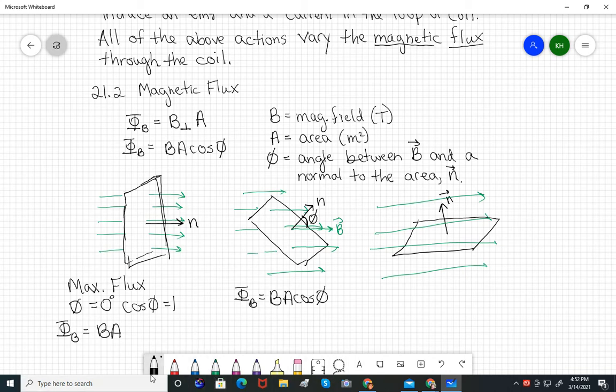In this case, phi is equal to 90 degrees because it makes a 90-degree angle with the magnetic field. Cosine 90 is 0, so the flux is 0. There won't be any magnetic lines passing through that area.